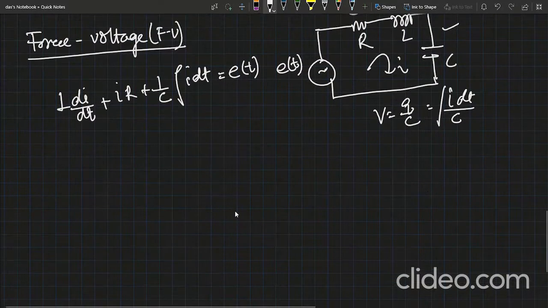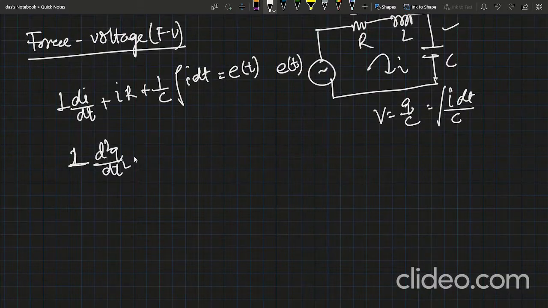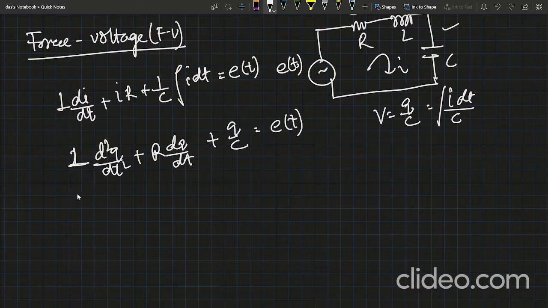Now if we express this equation in terms of charge, where i equals dq by dt, the equation is replaced in this form with q by C and e(t). Okay, so this is another equation.